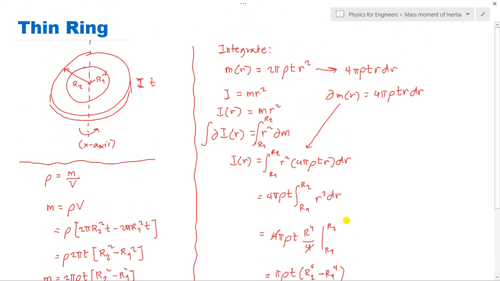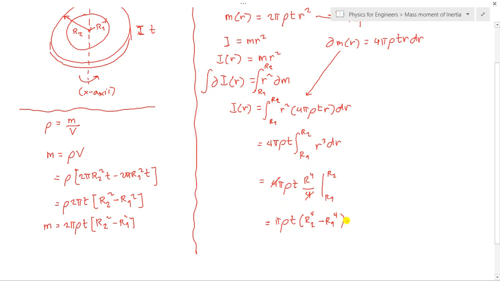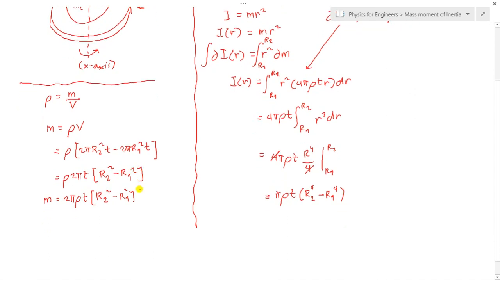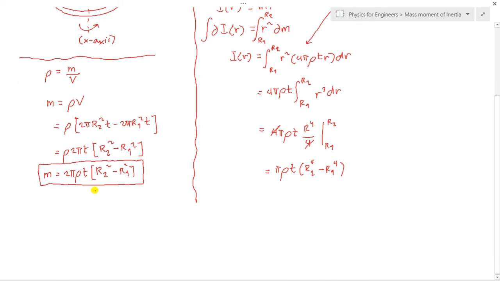Take note that our mass is a function of our density, so from here we can derive the density: density is equal to mass over 2 pi t times r2 squared minus r1 squared.